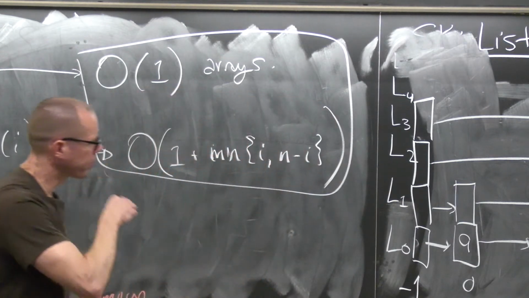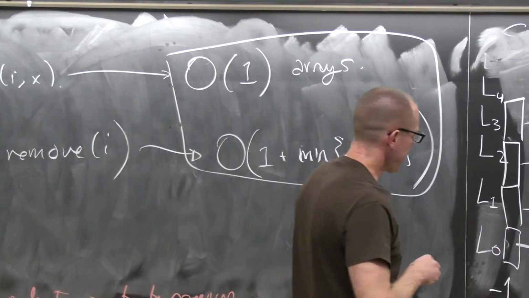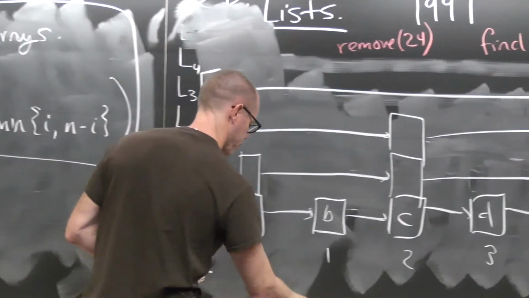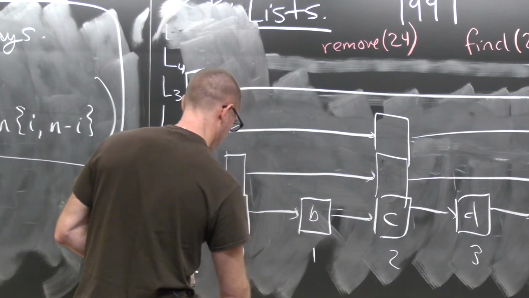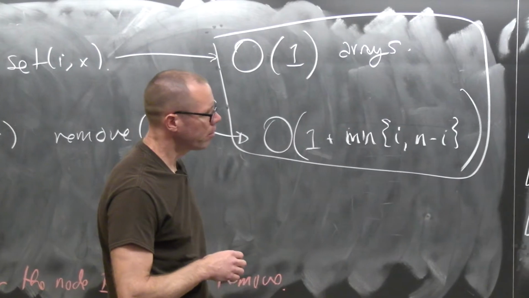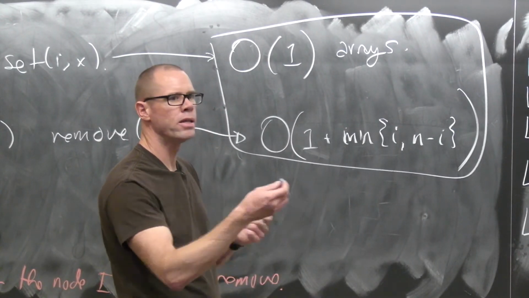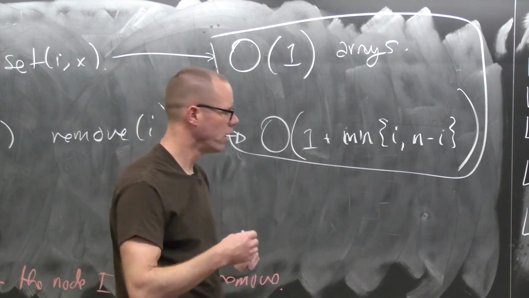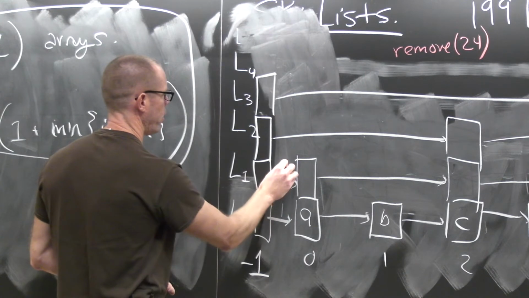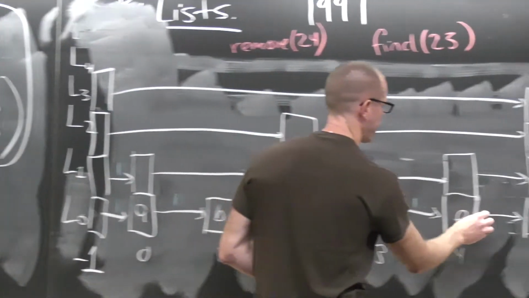And let's think of these edges in our skip list as being assigned lengths. The length tells us the difference in indices between the two endpoints of this edge. So if I go from -1 to 0, that's a difference of 1. In the bottom list, all these differences are 1.